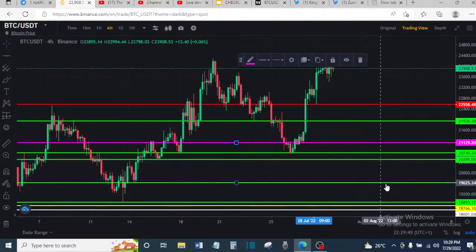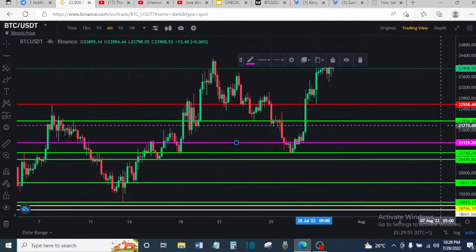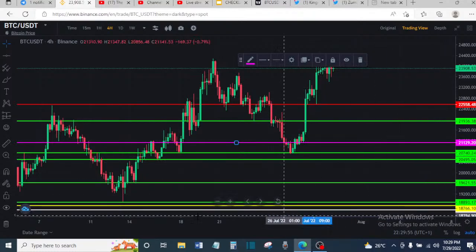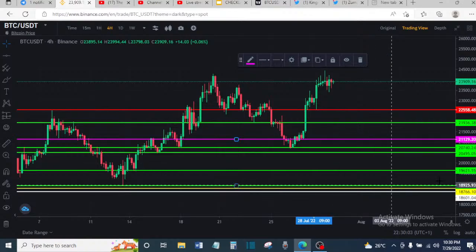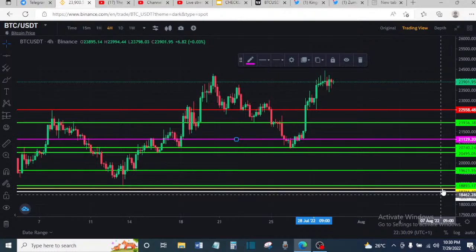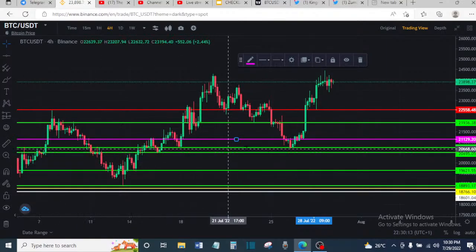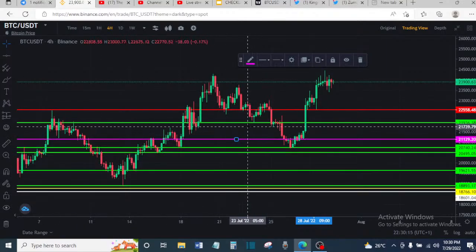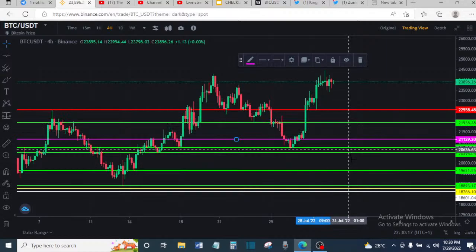When they get to 19,600, they bounce again, then finally come down to take out this white one, which is around 18,600. So they will come and take out the 18,600. That is Bitcoin's next move to the downside.